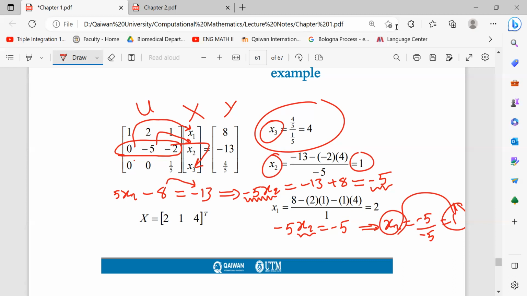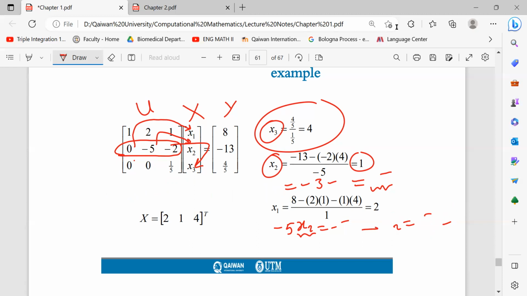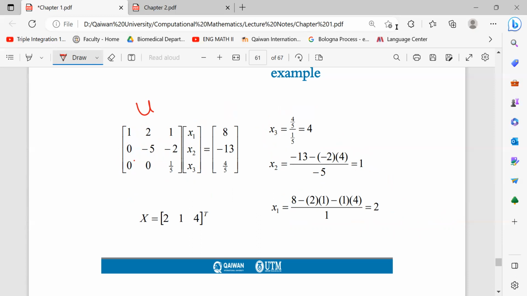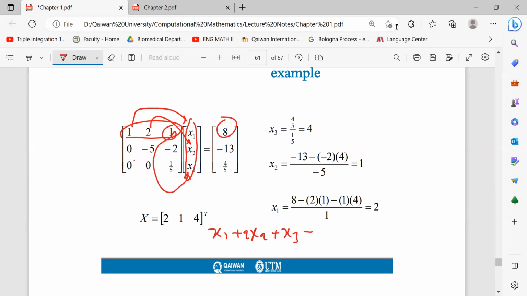Then, for x1, you found x2 and x3. What we do is multiply this row by this column and equal it to this. We get 1 times x1, which is x1, plus 2 times x2, plus 1 times x3 is equal to 8.